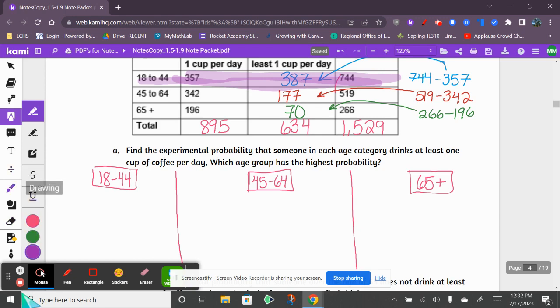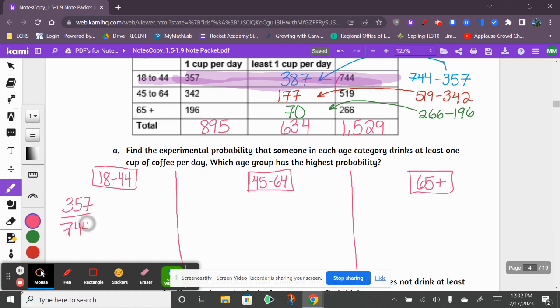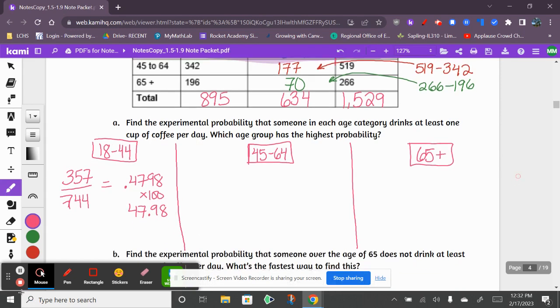So to do that, I'm going to have the amount that do drink at least 1 cup per day in that age group out of the total for that age group. I'm going to divide. I get 0.4798 multiplied by 100, 47.98. And if I round to the nearest, on this one, we're going to round to the nearest whole percent. That would be 48%.